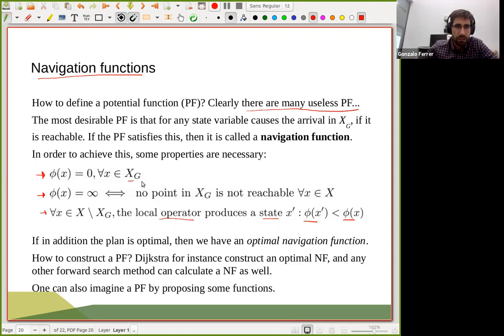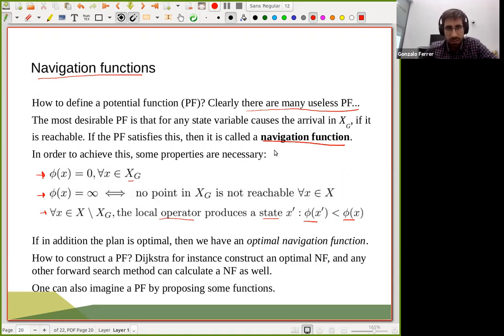If we have these conditions, then we can call this a navigation function, because the potential is going to guarantee that you reach the goal. So this is very interesting.